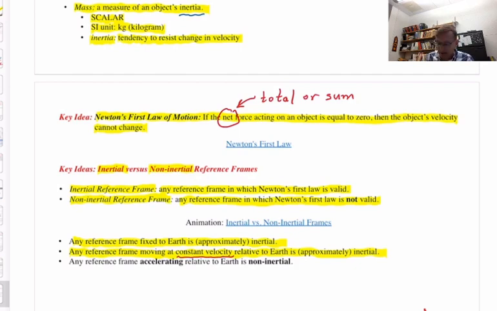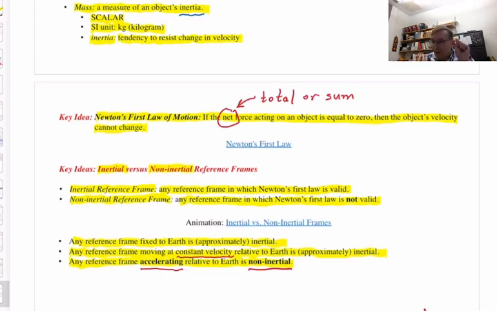Okay? So any reference frame moving at constant velocity relative to Earth is also inertial. However, any reference frame that is accelerating relative to Earth, keyword, accelerating relative to Earth, is non-inertial. Newton's first and second laws aren't valid the way we've written them, and we won't use them.